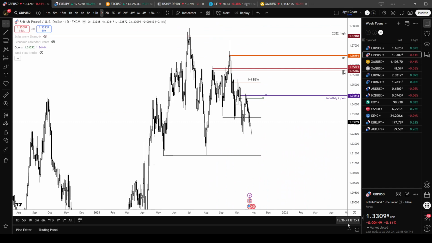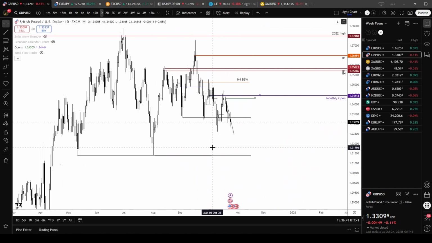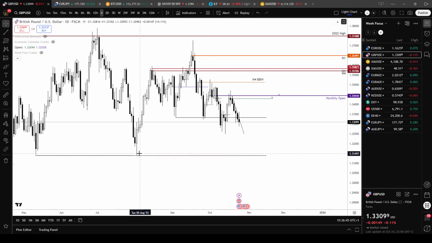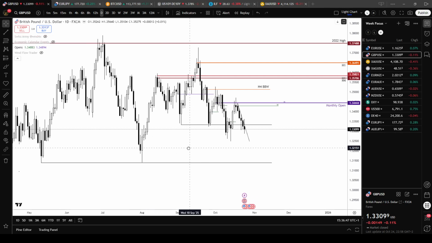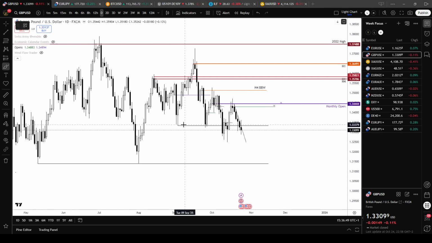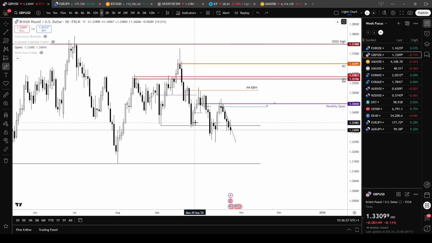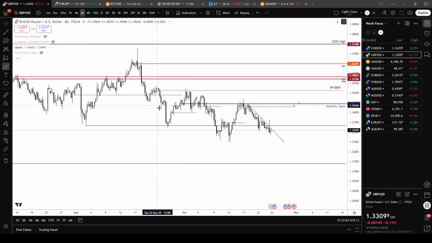And there's also an observation that I've developed on GBP, which is, you look at this low here, okay? Very significant since it led to this move up, okay? Next time the price traded that low was pretty clean, okay? Pretty clean reaction.